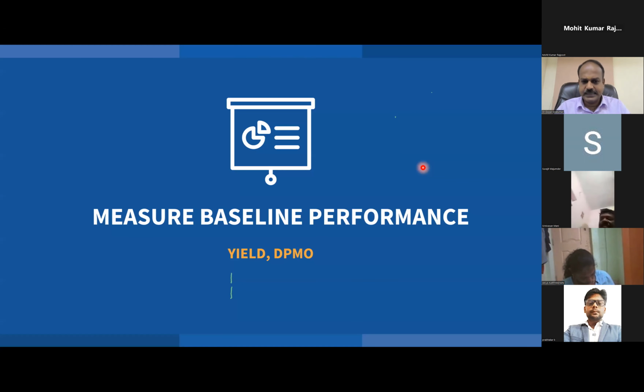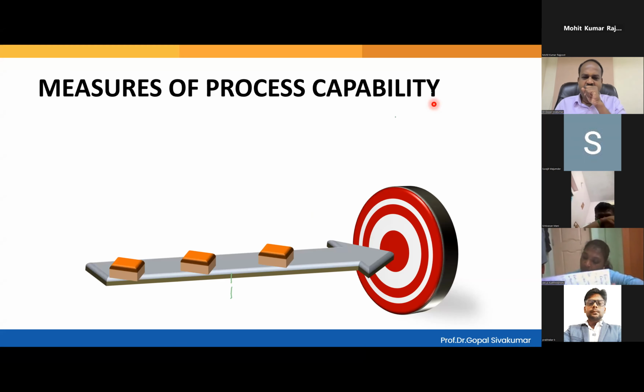So we are proceeding to the next step, step number 6. Step number 6 is baseline performance. DPMO, yield, and other tools, and again in the next level, CP and CPK and sigma level, PP and PPK, and things like that.